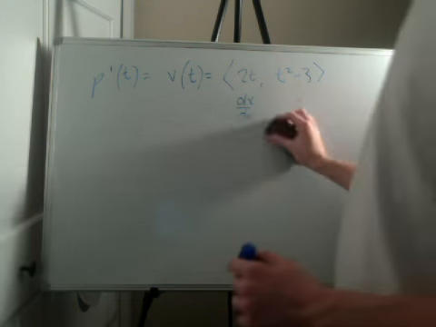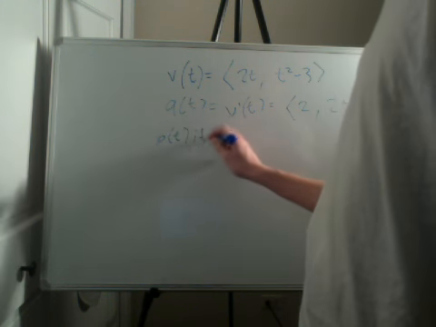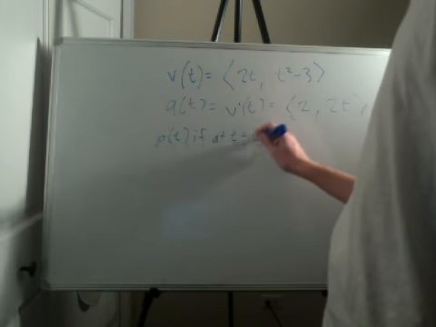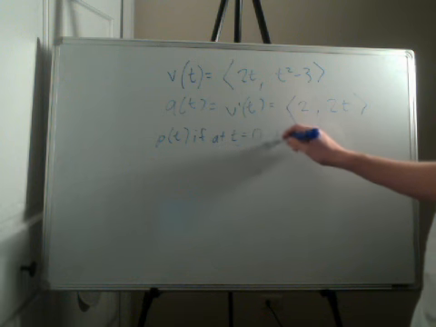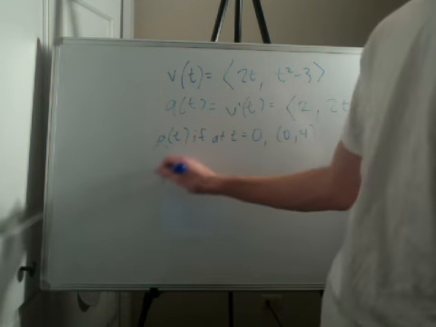To find the position equation is a different story. A lot of times the question will say something like, find p of t if at time equals 0, the point is at like 0, 4. I don't know. Well, the reason is because you're going to get c's.